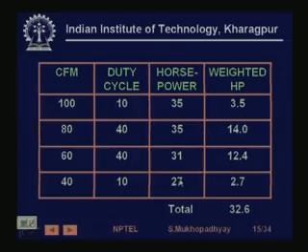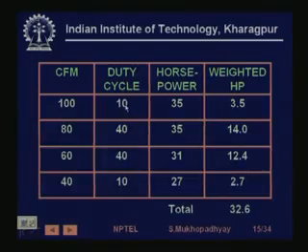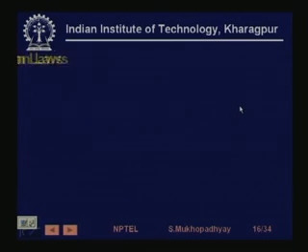From the load characteristics, we have seen that 100% load stays 10% of the time.